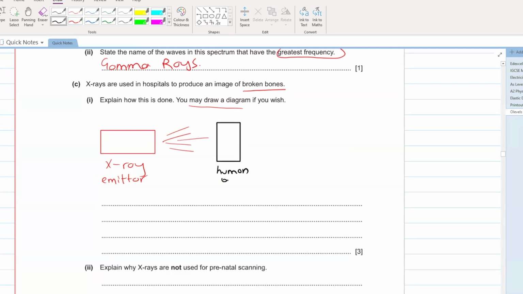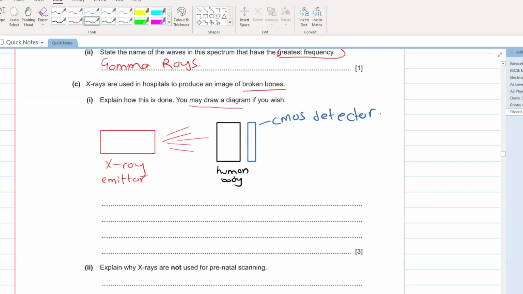And the final thing that you must draw is a CMOS detector, at the back of the human being. Perfect. Draw an X-ray emitter, a human body, and a CMOS detector. Simple, nothing complicated. Now what happens, what is the process? X-rays are basically directed towards the body.